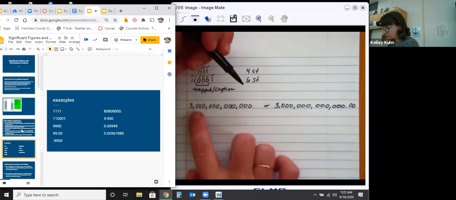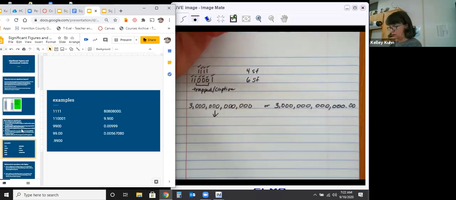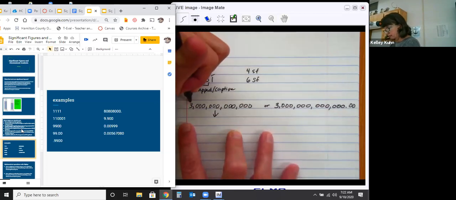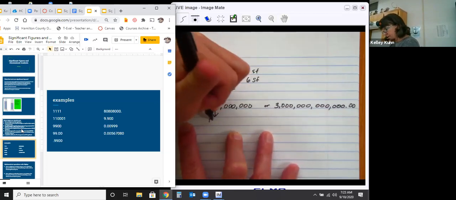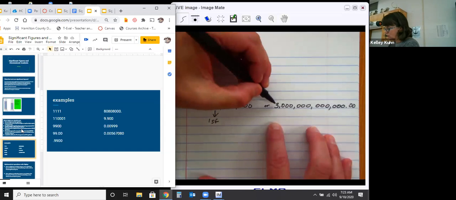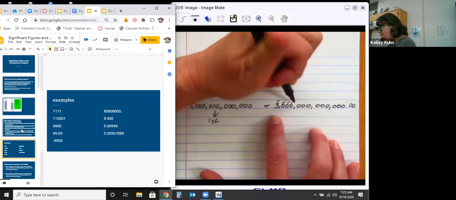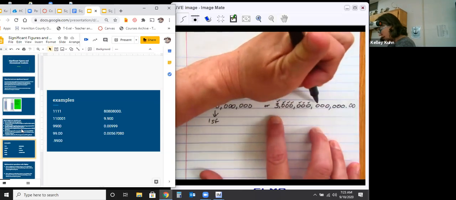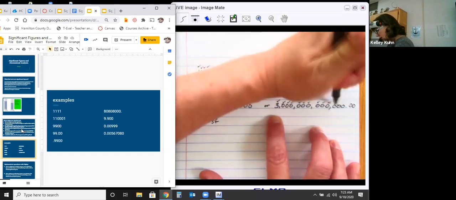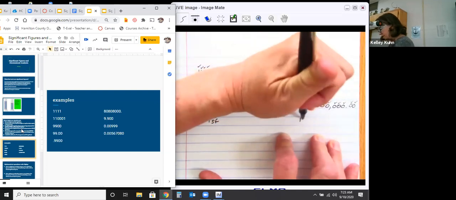You see these have no decimal, so those are all just placeholders to show size. We would say that this has one significant figure. I always abbreviate significant figure as SF. And in this one, we would say we had 1, 2, 3, 4, 5, 6, 7, 8, 9, 10, 11, 12, 13, 14, 15 significant figures.